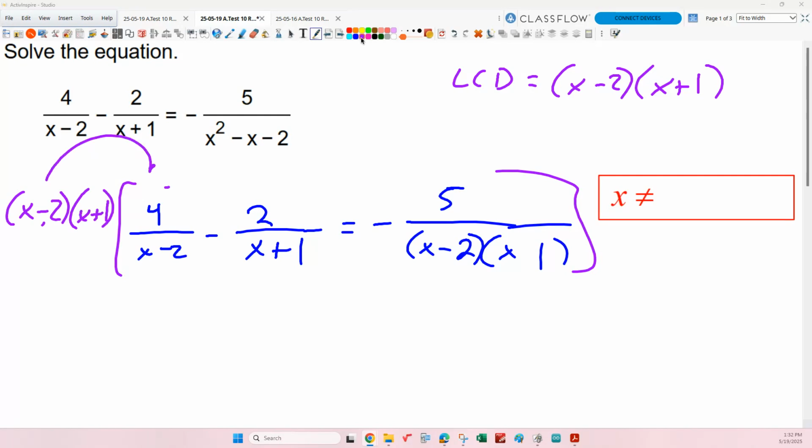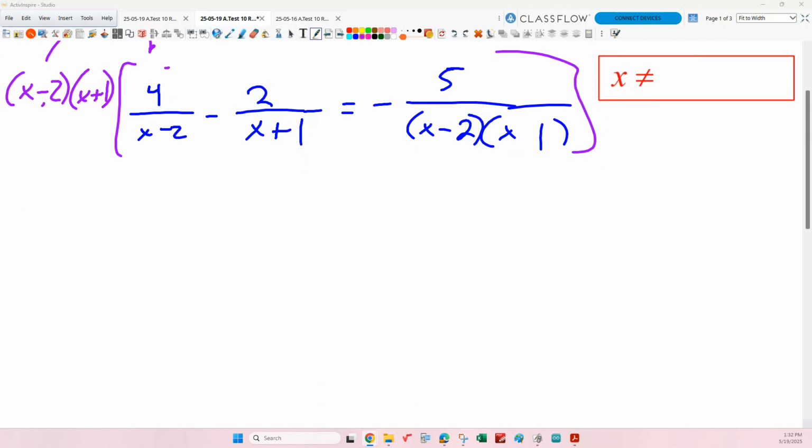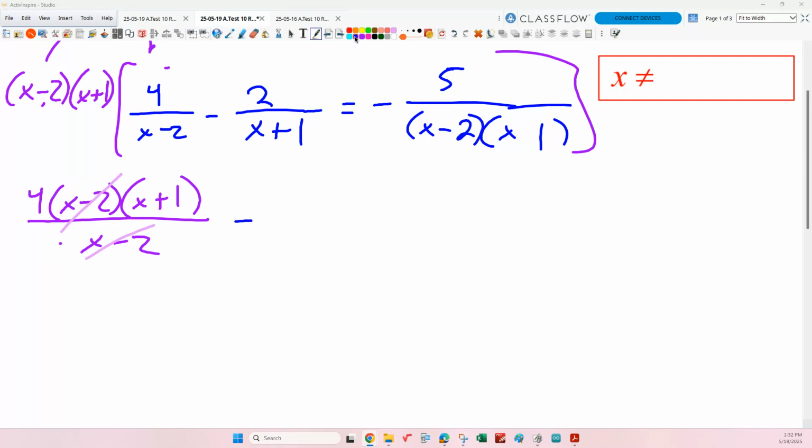When I distribute there, we're just multiplying that times the numerator, right? So I just get 4 times (x minus 2)(x plus 1) over x minus 2. What happens? Yeah, there you go. We canceled the x minus 2 factor. Minus 2 times (x minus 2)(x plus 1) over x plus 1. What happens?